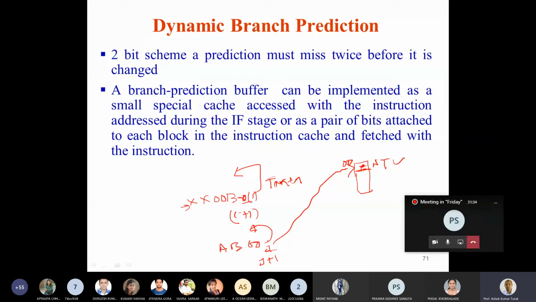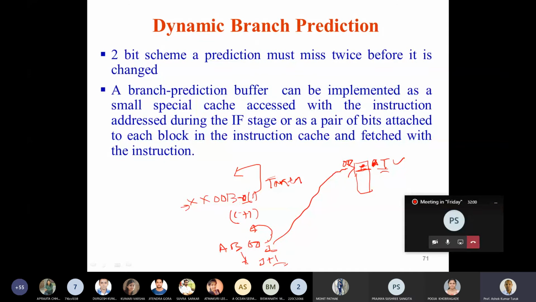So the branch instruction is at J, and its next successor is J plus 1. The prediction is not taken, but the branch is going to be taken, as this is the loop. So it will flip the bit. So one misprediction, right? In the next iteration it will be taken. Let's look at the last iteration of the loop.